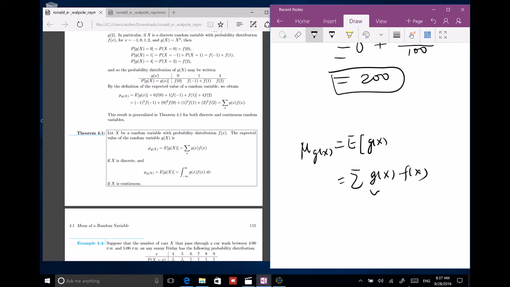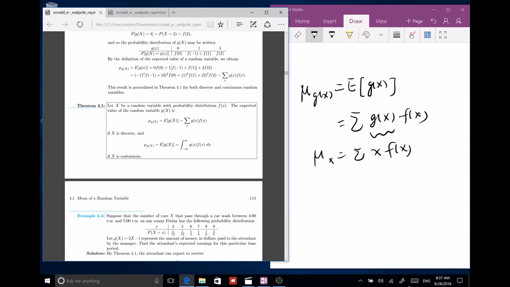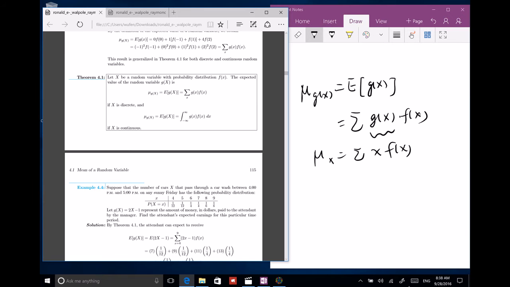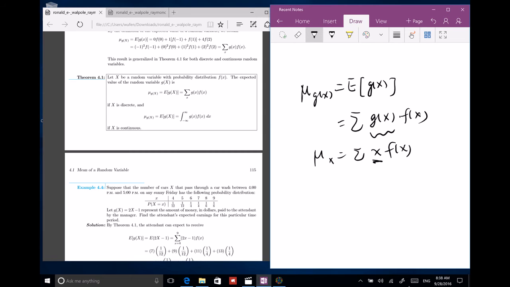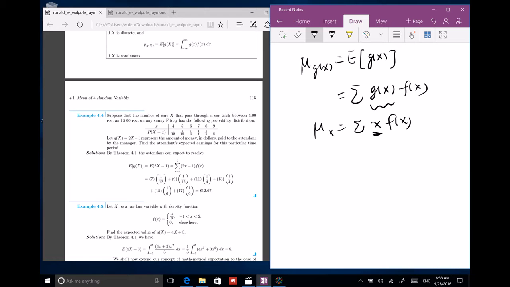Previously you had E(X) equal to the sum of x times f(x), so it's pretty much exactly the same thing. If X is discrete you sum, and if it's continuous you integrate; you just change the x into g(x), a function of x. That's not really difficult.